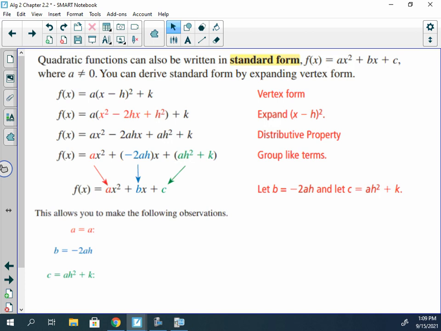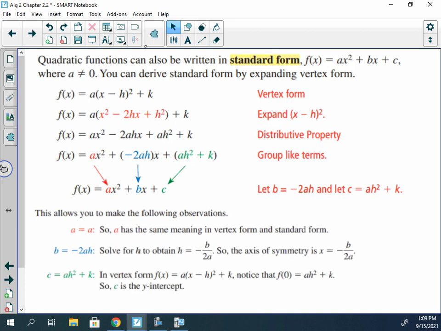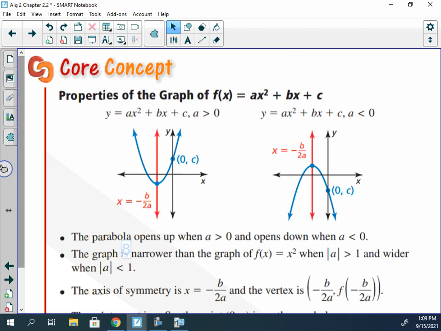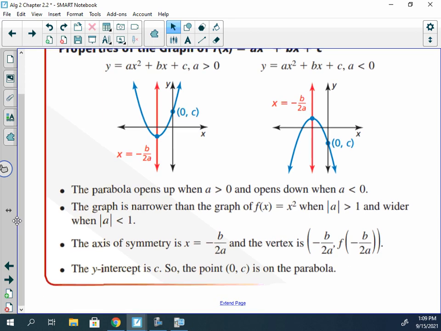And they'll sometimes call it f of x, y or f of x, either one is the same thing. In standard form. Now, I'm not going to stay on here long enough for you to write them down, but if you want to get them down, they are in the textbook in chapter 2.2. But really, A, B, and C do reflect back to H and K.